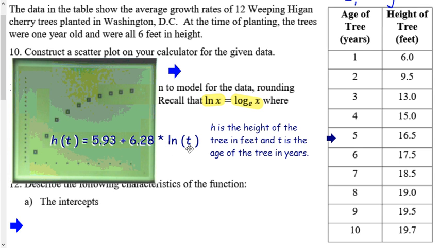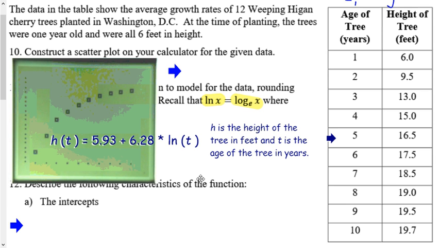Okay, so there's my regression equation. So h is the height of the tree in feet, and t is the age of the tree in years, according to my equation. If you used x and y, it is a good idea for you to explain what the x represents. That would be the age of the tree, and the y would be the height of the tree in feet.